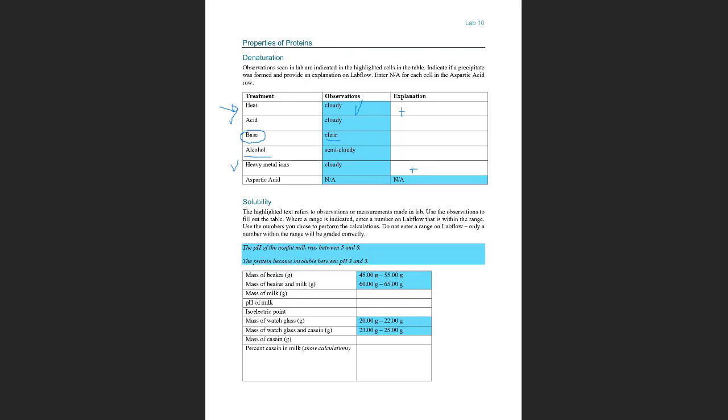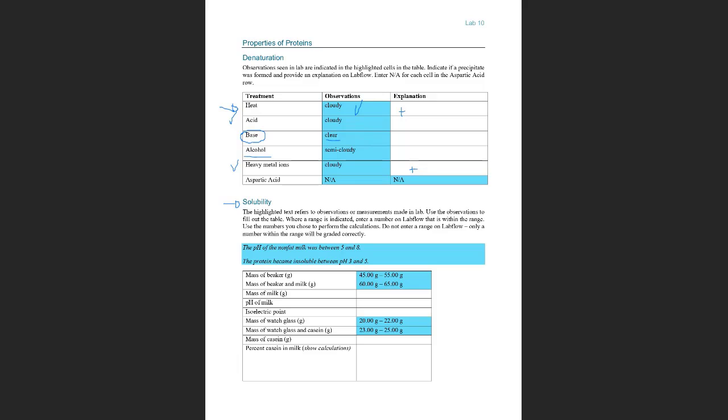The next step is testing the solubility of a protein. So you have to pick somehow, they give you a range of values, you pick any value. So for example, what did you do here? You weighed the milk, then you adjusted the pH, you made it solid, and once it was solid, you weighed the protein again.